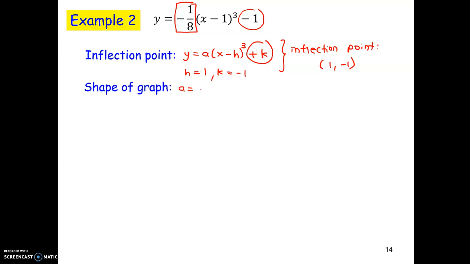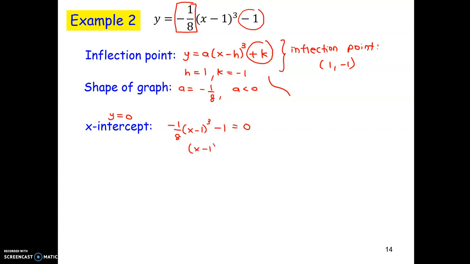Okay, so shape of the graph. As you can see, a is -1/8. So a is less than 0. When we sketch the graph, we should start from the left hand side. So something that looks like this. X-intercept, so we have to calculate when y is equal to 0. So -1/8 (x minus 1) cubed minus 1 equal to 0.